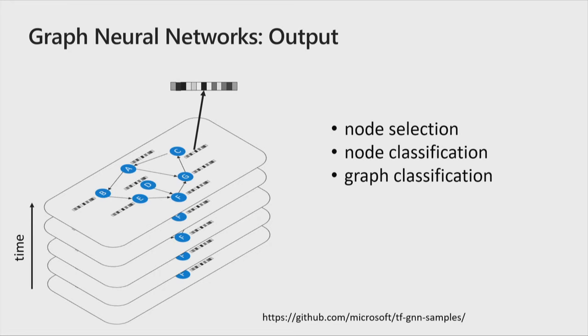You can label each node, add a class for example, and take each representation here and classify it somehow. Or you can decide to summarize all these vectors and do graph classification. So there are different ways to do this. It's very application dependent. We'll discuss it when we go to some applications.